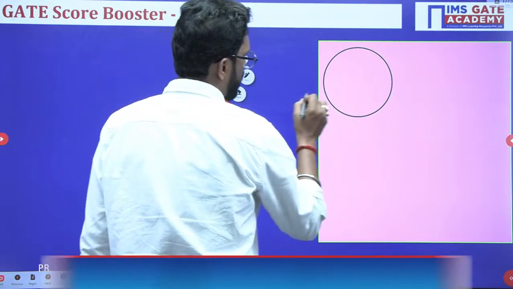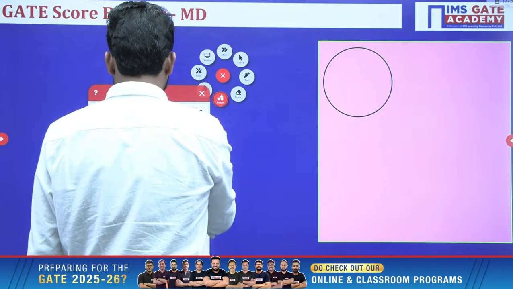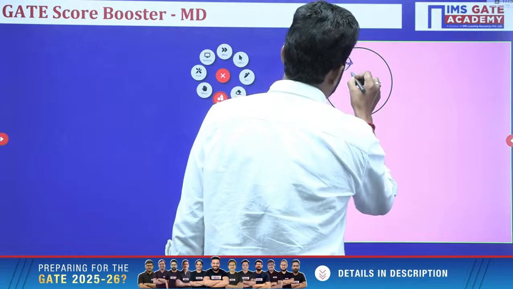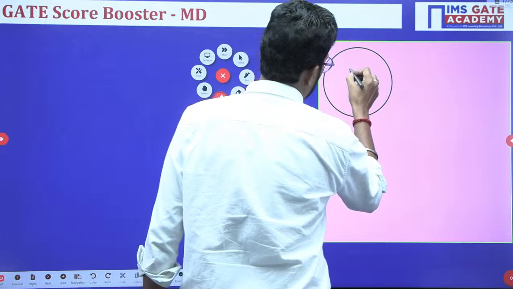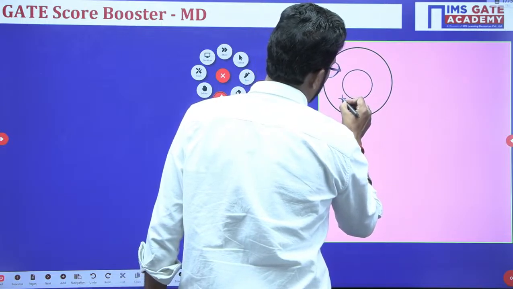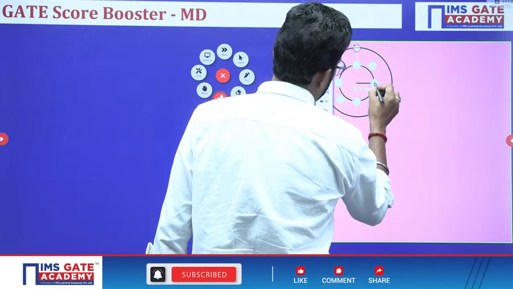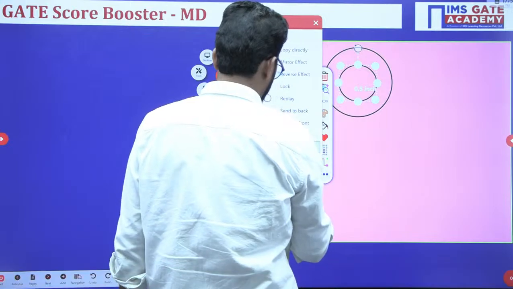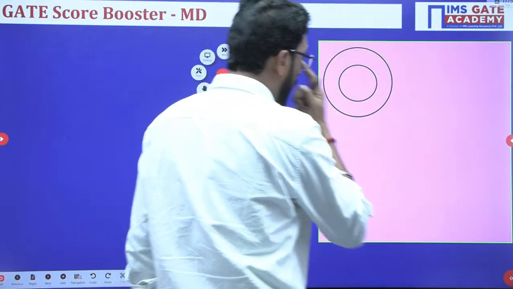And there is an inner diameter also. Let's suppose this is the inner diameter of the clutch.